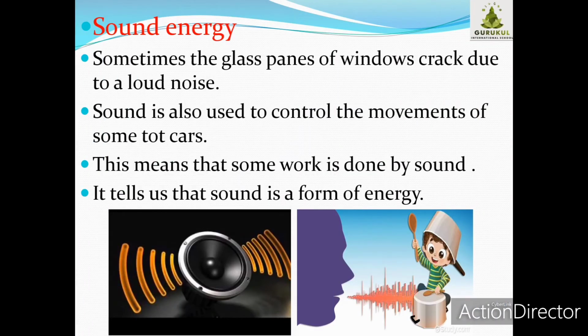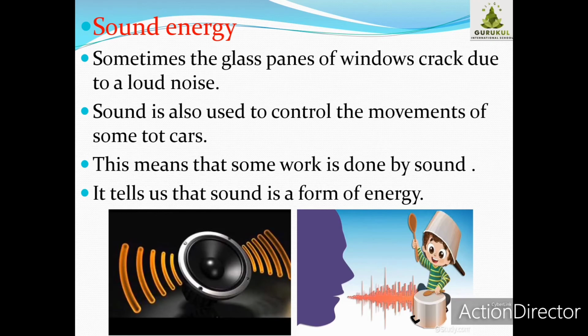The type of energy is this: sound energy. Now children, sometimes you might have experienced in case of a thunderstorm or lightning, when a huge lightning is going, though you have closed the walls or doors and the windows of your house, you feel the vibrations, correct? Why do you feel those vibrations? Why is it happening? Because of the sound of the lightning.